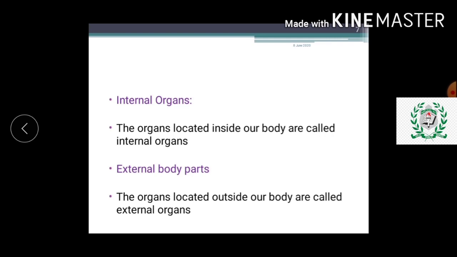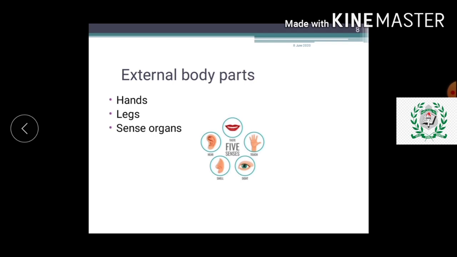One such example is hands, legs, and the sense organs. These organs are present outside our body and are visible to all.